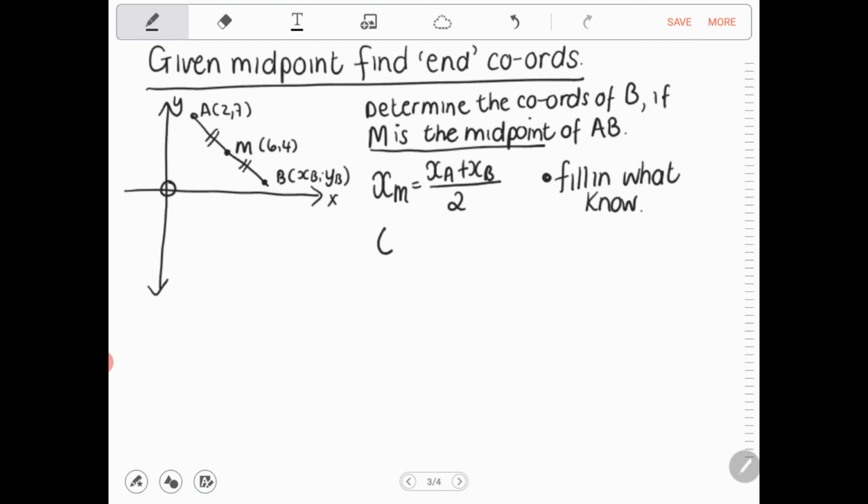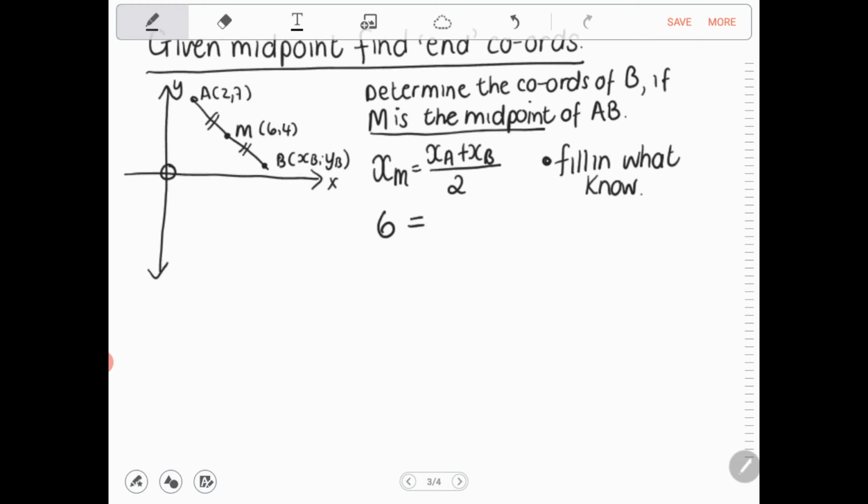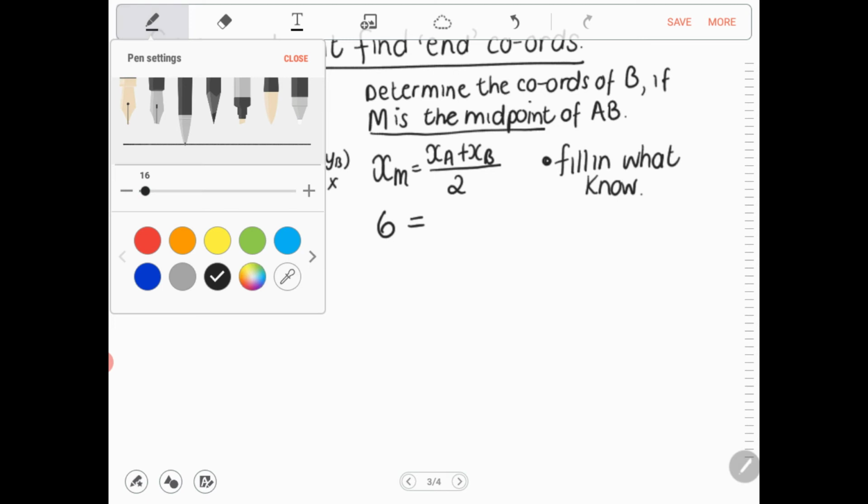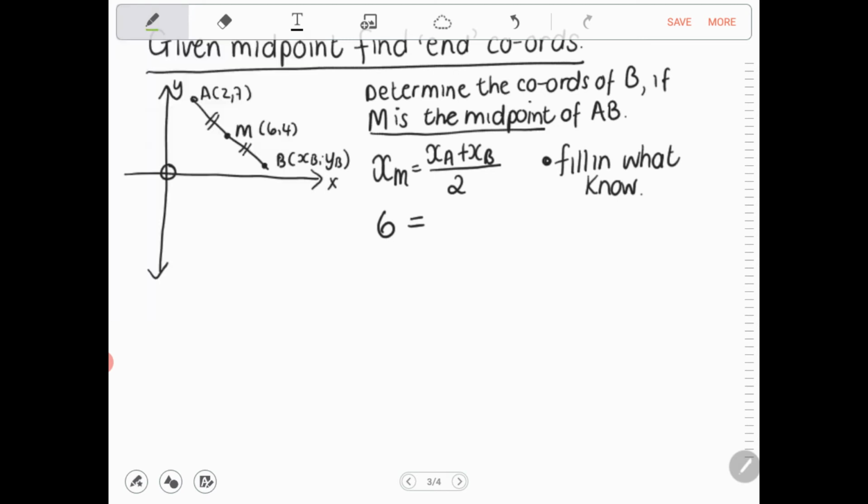So we can put the 6 into the x value of M. Do we have the x value at A? Yes, we do. Just quickly write here. So this is the x at A, the y at A, the x at M, the y at M, and the x at B and the y at B.